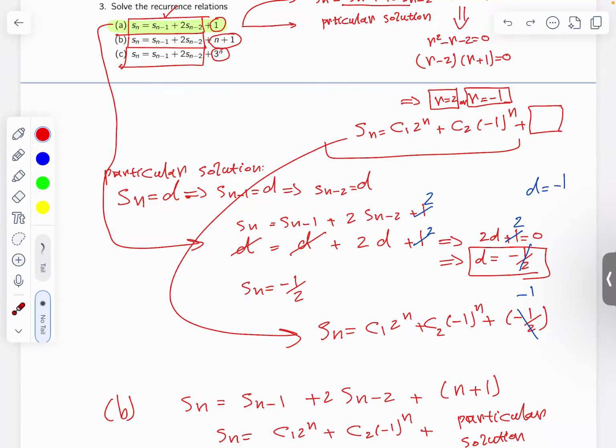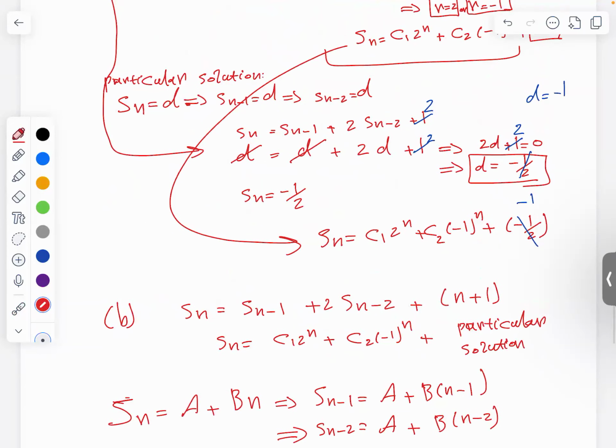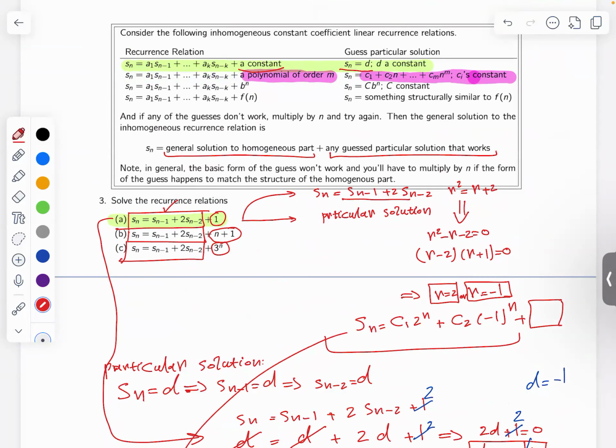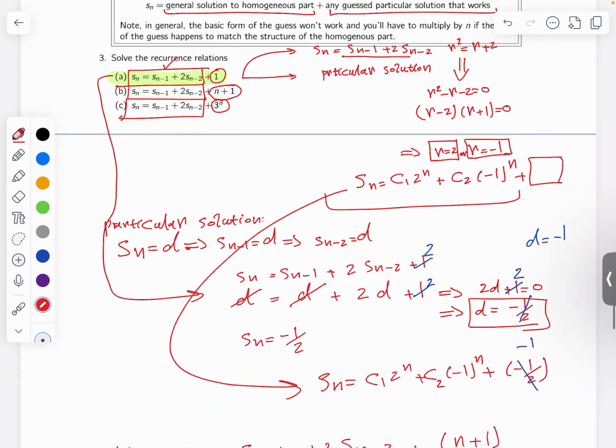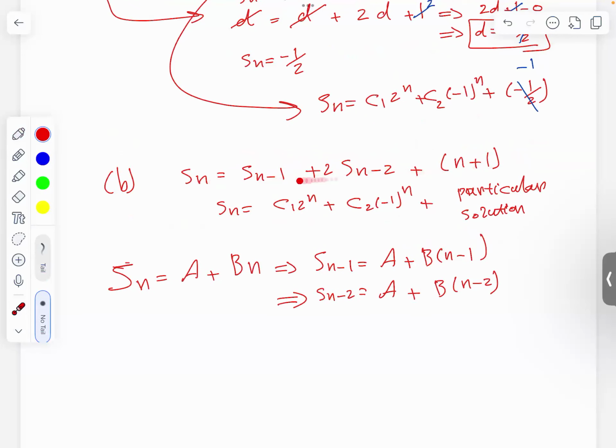So A plus, slowly I wrote these things. Now can we substitute these in the original whole recurrence relation, including n plus 1 should be involved.